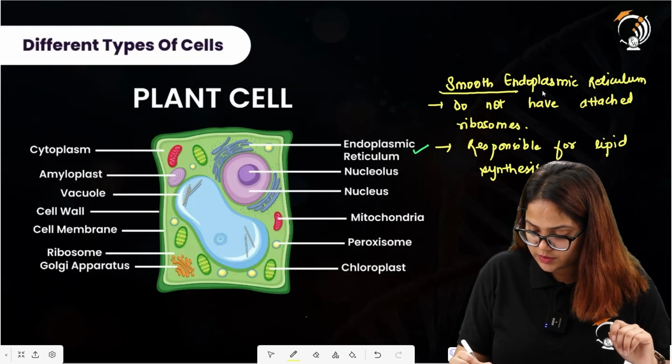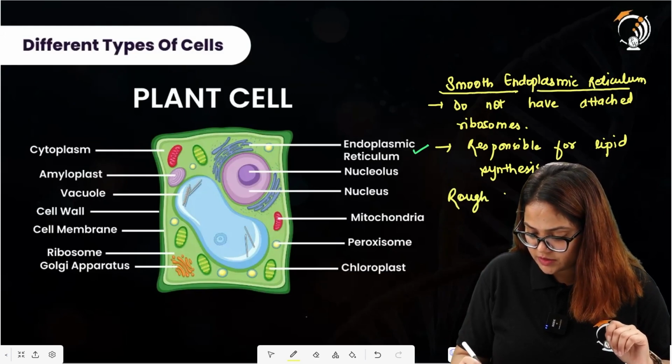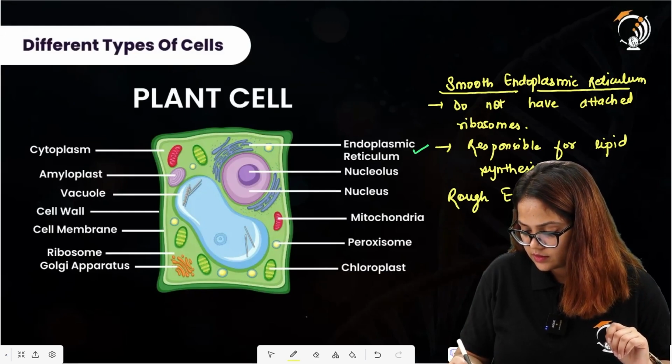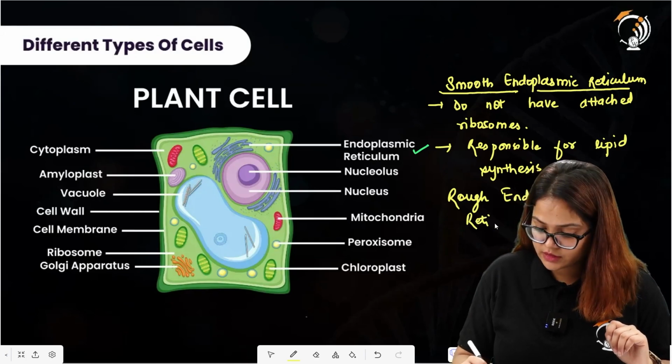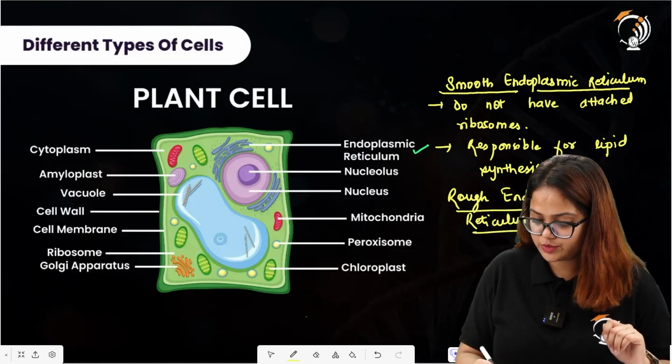Then talking about the, all right, you can use this space over here, rough endoplasmic reticulum. Due to the presence of ribosomes on its surface, it is able to produce proteins.